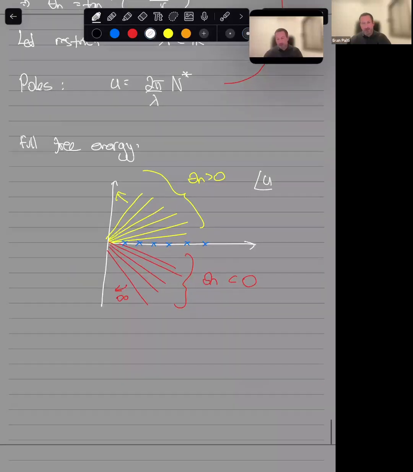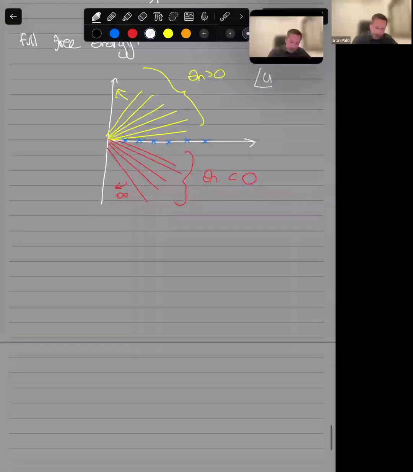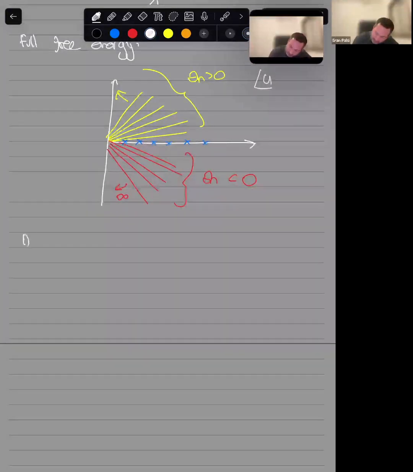Okay. Now, as I said, if you have a holomorphic integral in the complex plane, you're allowed to deform the contour, as long as you don't cross any poles. So if we want to, we can deform the contours of integration as long as we don't cross any poles.